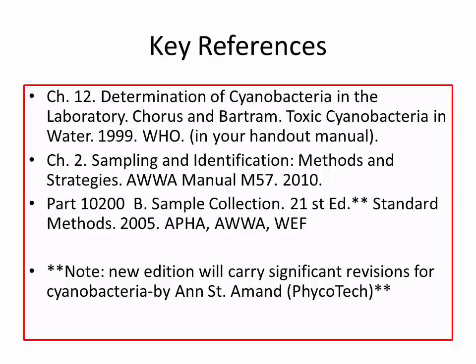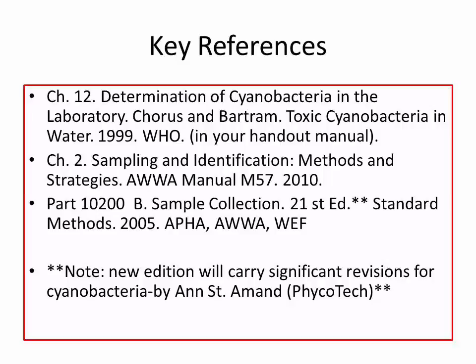Chapter 2, sampling and identification, the methods and strategies in the AWWA manual. That's this one. I heard somebody say, oh, I have that. This manual was fairly new and was designed specifically for algae, and there are at least 2 or 3 chapters in here that target the cyanobacteria as well. In fact, the dichotomous key that we'll use this afternoon is in this book as well.